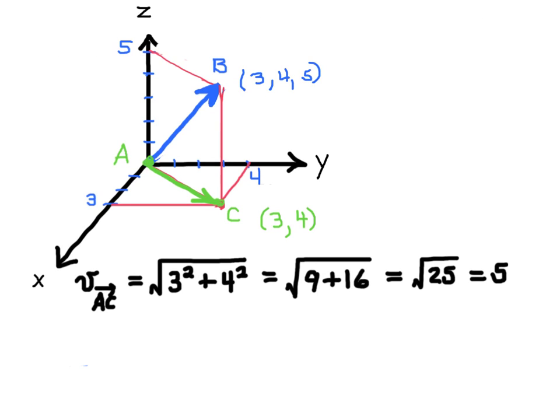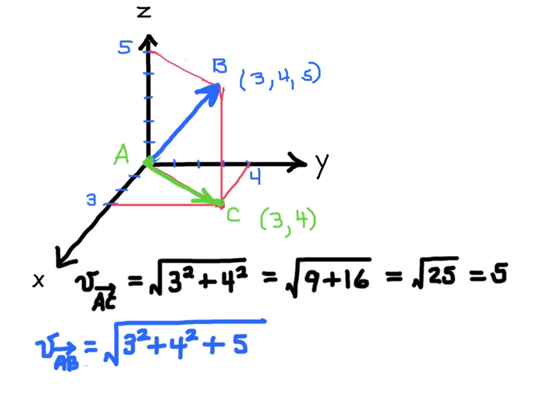Okay, so with that information, let's find the magnitude of vector AB, which is in 3-dimensional space. So that means that we're going to take the square root of all 3 components squared, so 3 squared, plus 4 squared, plus 5 squared.